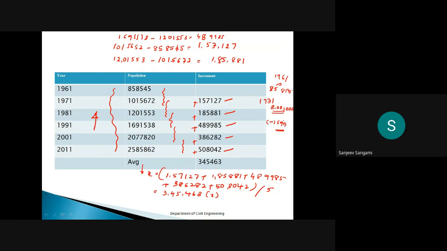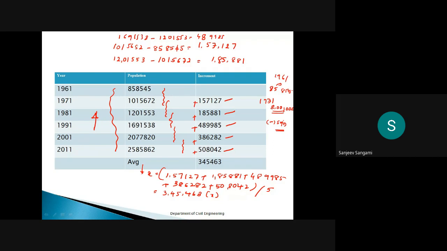So we always have to see whether the population is in an increasing trend or a decreasing trend. Always concentrate on those aspects because that is very important from the examination point of view.